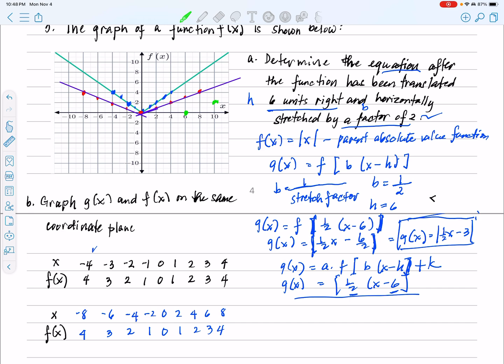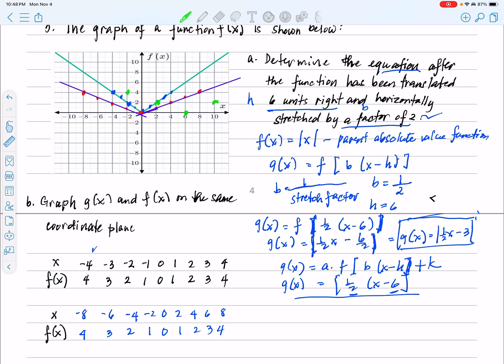And which point from the other side? 6 units to the right. So I have 1, 2, 4, 6. This point right here. And here 2, 4, 6. This point right here.